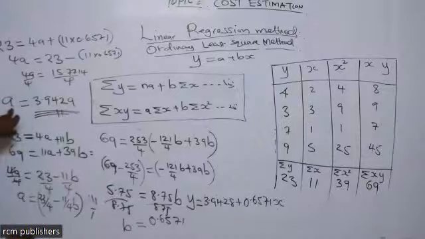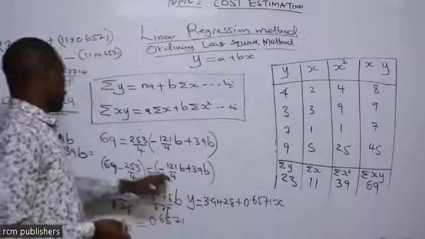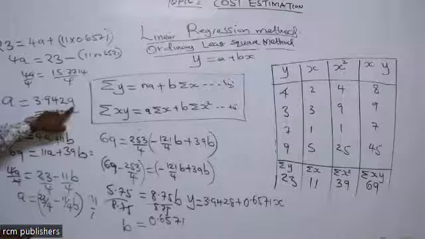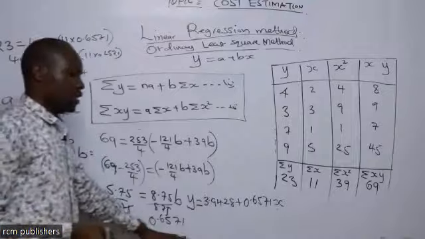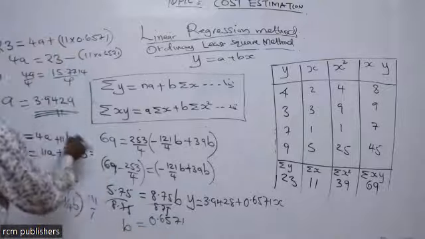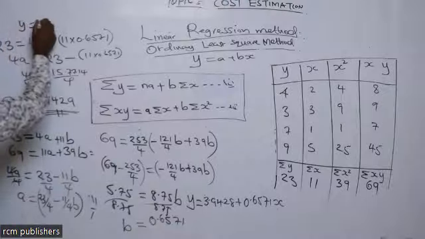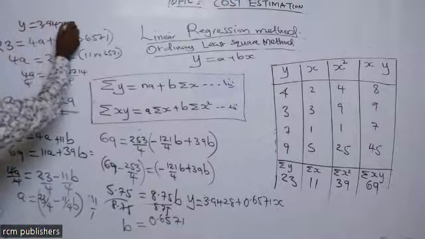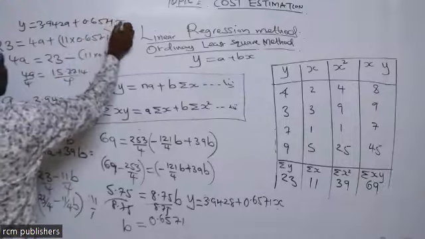As you can see, our A here is 3.9428. This one here is just a difference of 1 due to rounding off, which has been affected by the dependent value of B here. So it means our function will be y is equal to A, which is 3.9429 plus 0.6571 x.